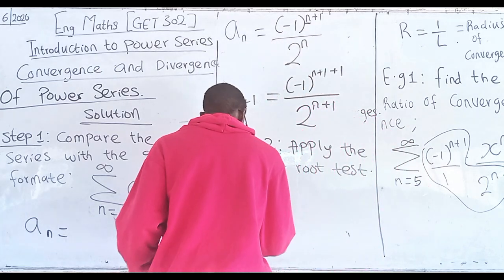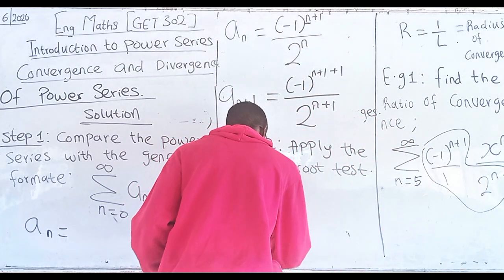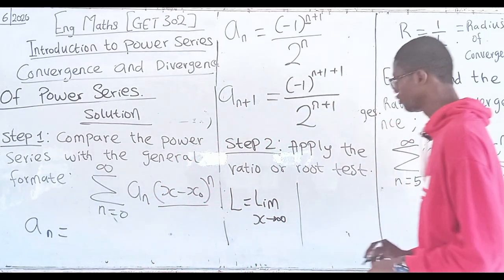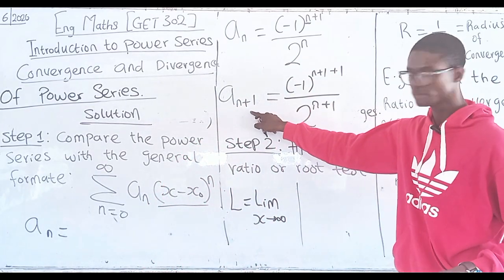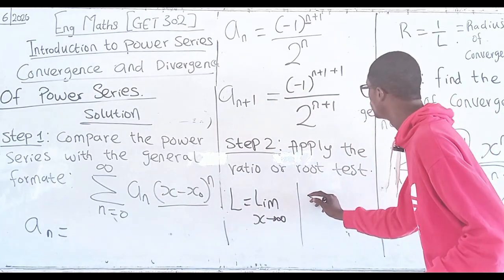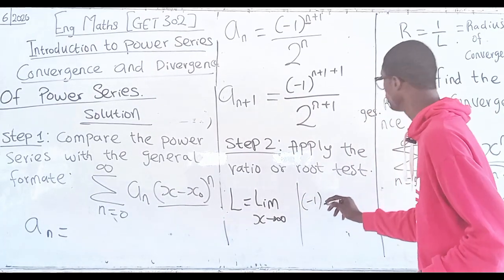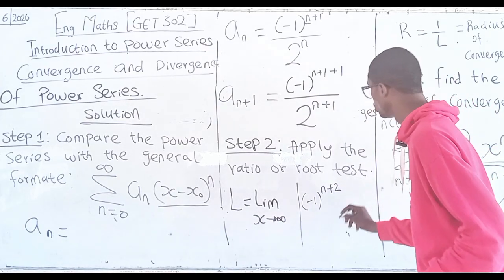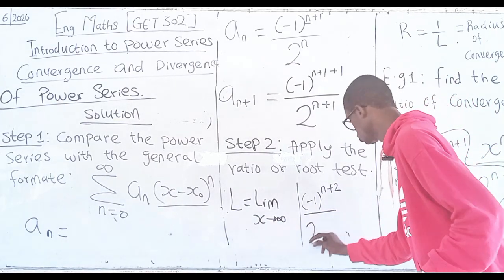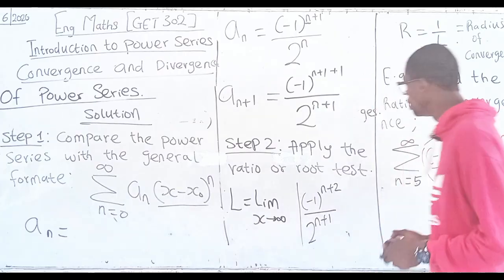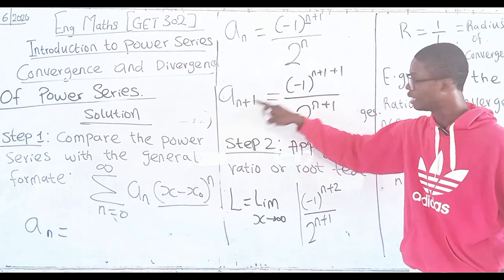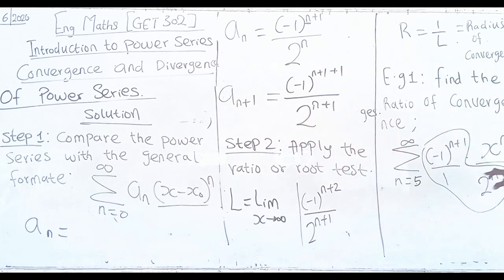The formula tells us that L is equal to the limit as n approaches infinity of the absolute value of this: (-1)^(n+2) all over 2^(n+1). Please take notes. All we have written is a_(n+1), which is in our formula.